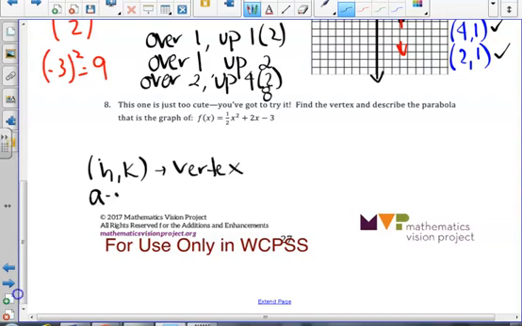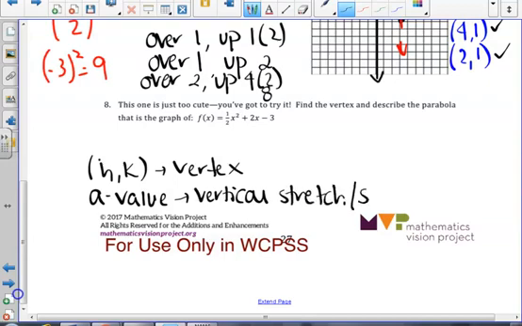The a value of the function in the graph will help to tell us where our points are located, and it represents the vertical stretch or shrink of the function. We always move right 1 from the vertex and up 1 times a, over 2 from the vertex and up 4 times a, and so on.